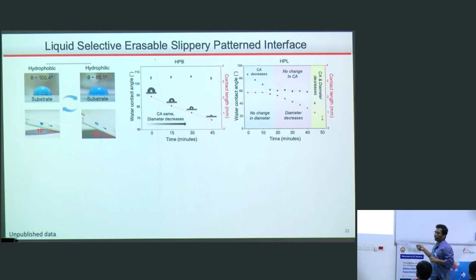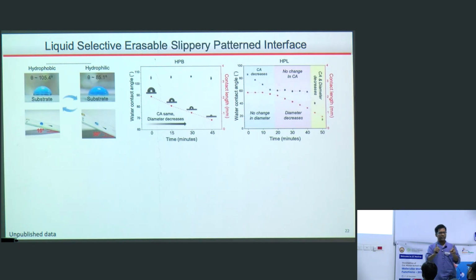Now, if you have a hydrophilic surface, these characteristics are very different. The water evaporation and the droplet confinement are very different. Initially you see a change in the contact angle, then no change in the contact angle, and in the last phase you again see some change in the contact angle, and there is some delay, and then the contact diameter or distance is changing.